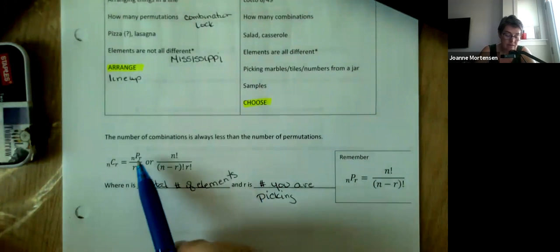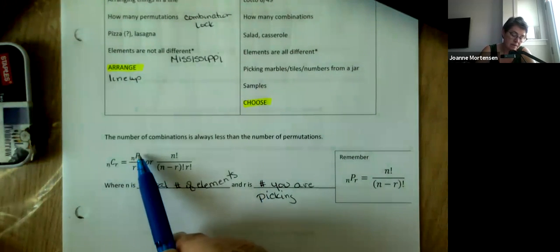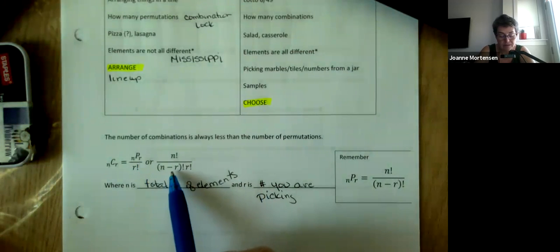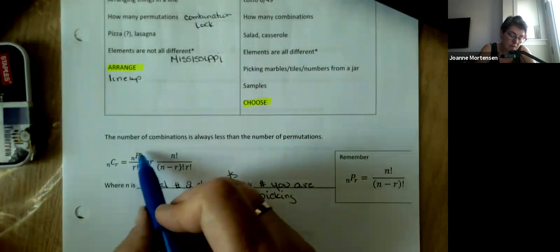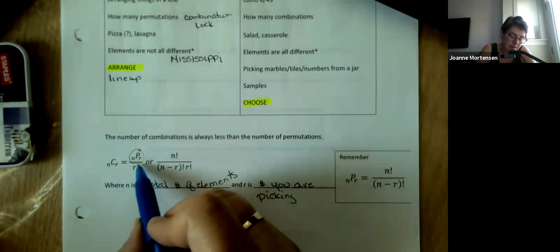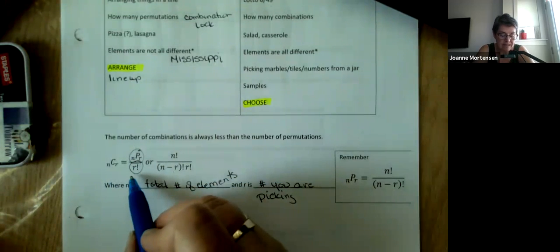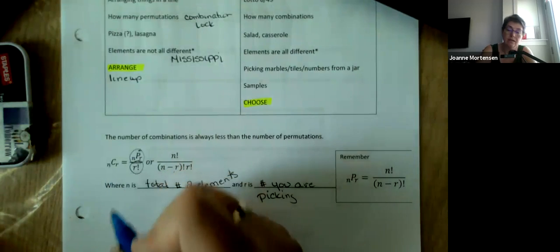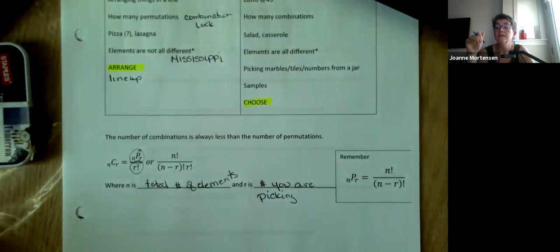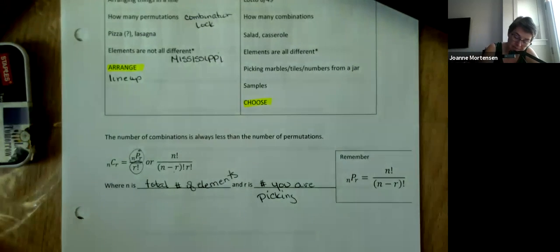Here's the formula you can use, but really what it is is taking your permutations and dividing it by the number of ways you can arrange stuff. So when you do that, you're getting rid of the number of ways that you can arrange stuff.